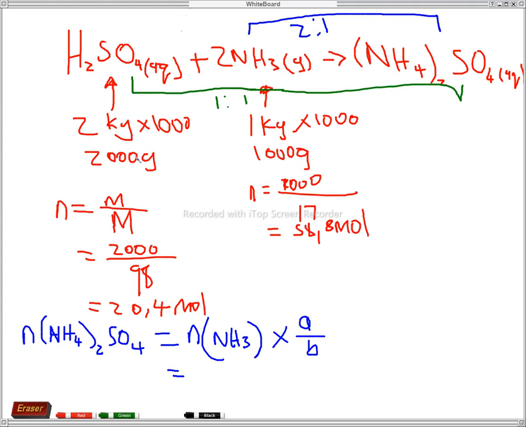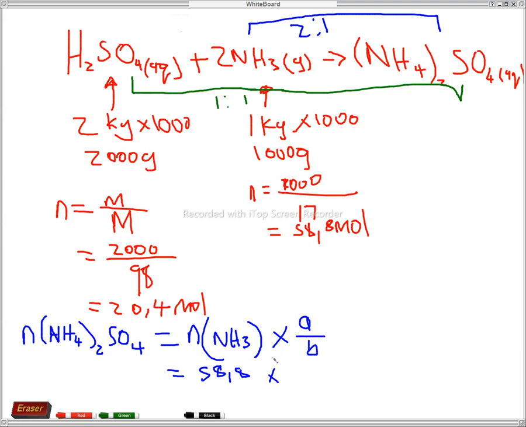Moving forward, I'm just going to take the number of moles for ammonium, the one I calculated there, and substitute them here. It's going to be 58.8 multiplied by the ratio there.